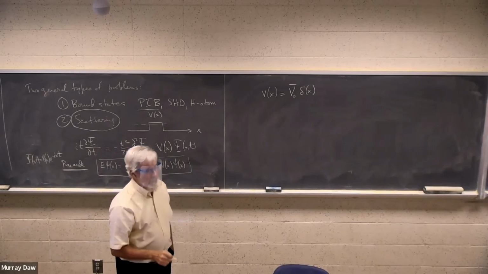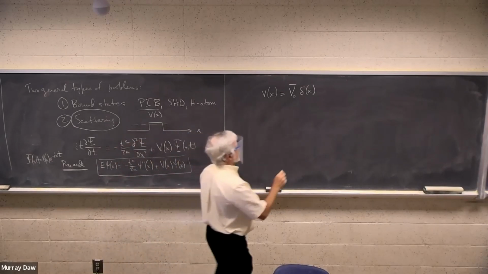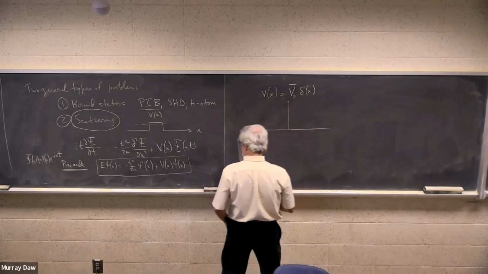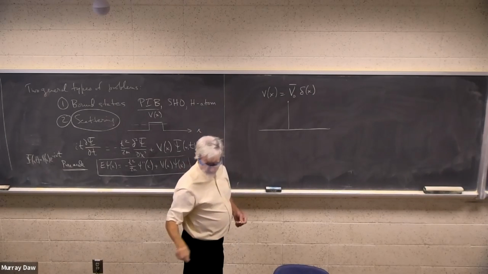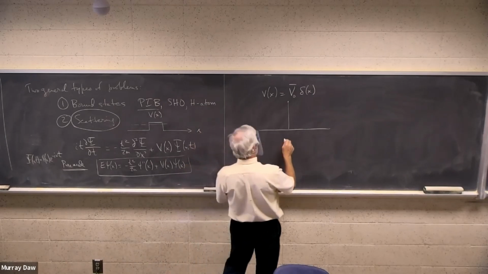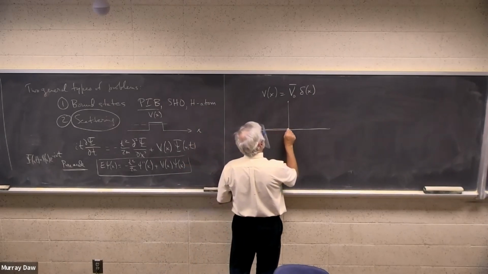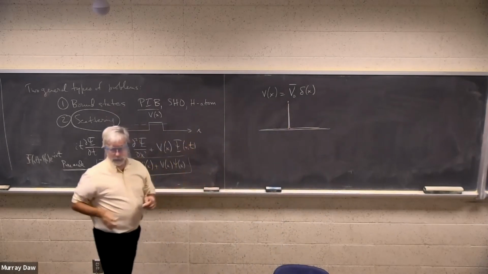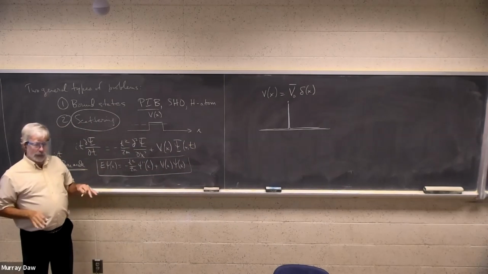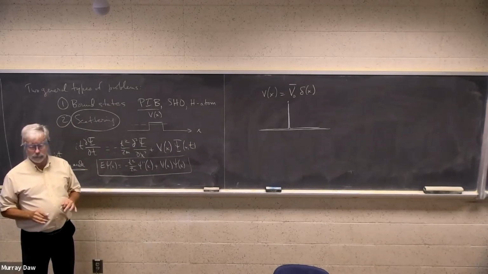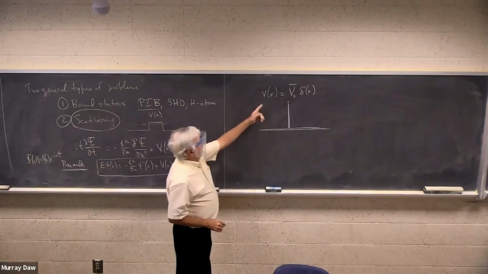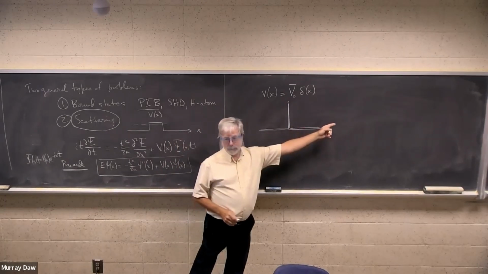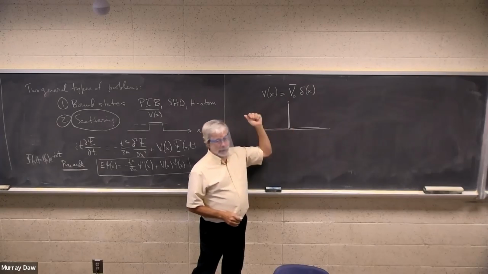It'll just be zero everywhere, but it'll blow up. Let's see, I need a different color. Better to have this in red. So the potential looks like that. It blows up. It's zero on both sides and flat on both sides. So V of x is zero out here, and V of x is zero over there. Just right here, it becomes infinite.